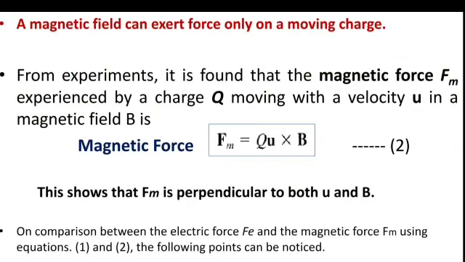Now, the magnetic field can exert force on a moving charge. This is an important point: a magnetic field can exert force only on a moving charge.